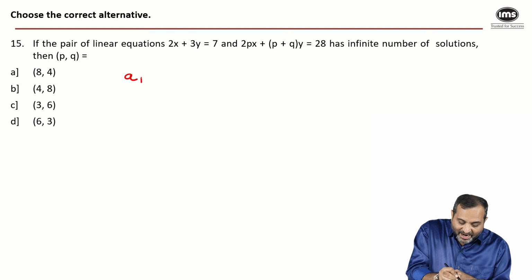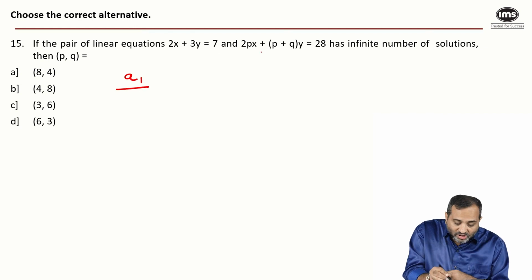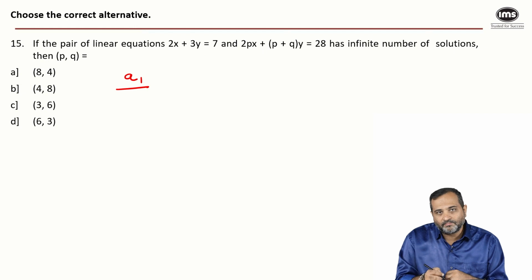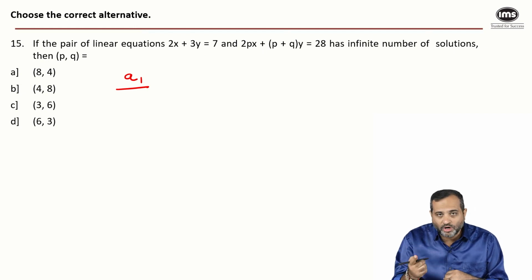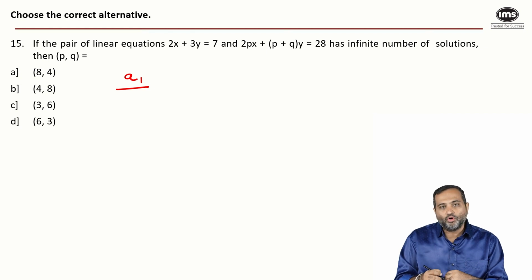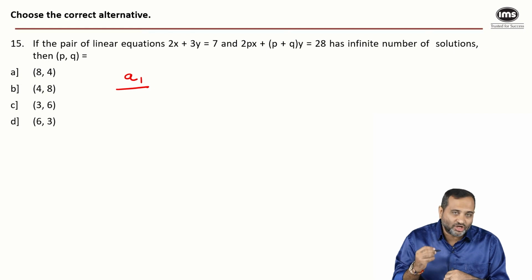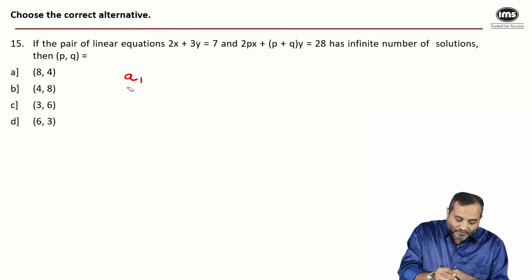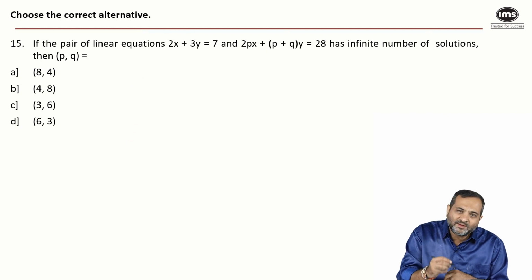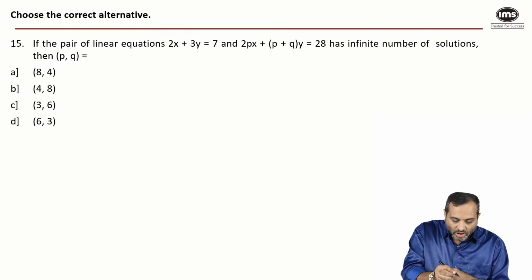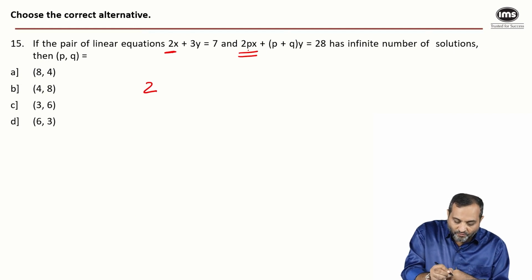Can I say I will get infinite solutions when both these equations are the same? So in case of an infinite solution, both these equations should be the same. So let's simply compare the coefficients. What is the coefficient of x here? 2. What is the coefficient of x here? 2p.